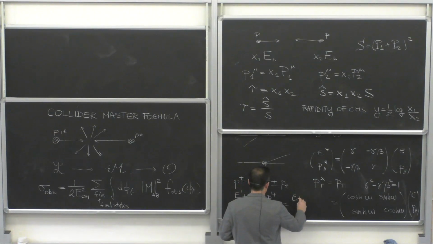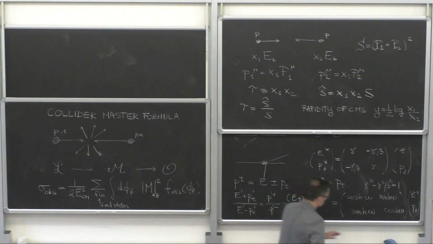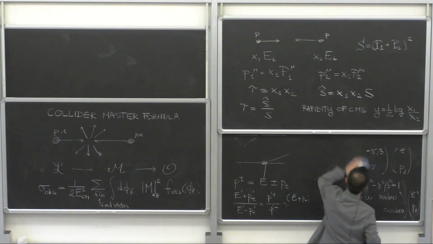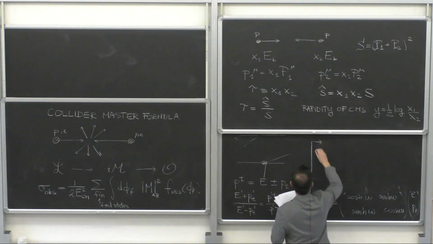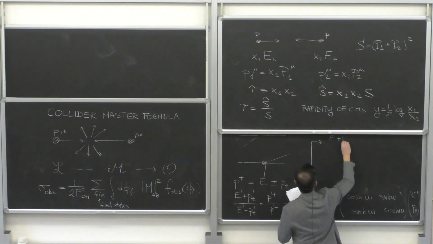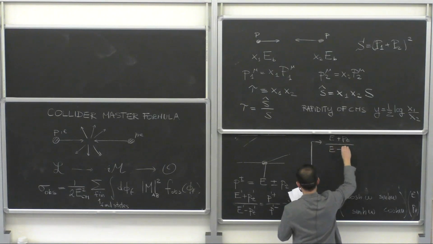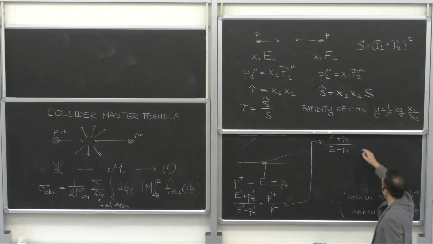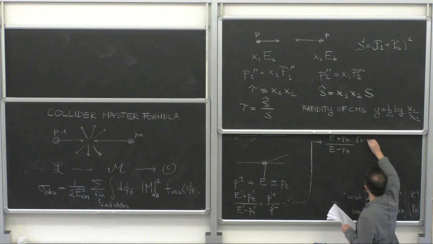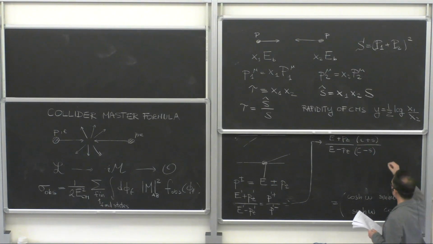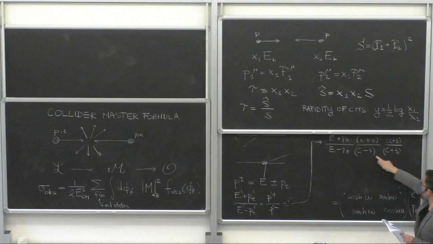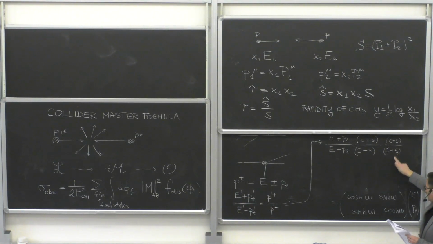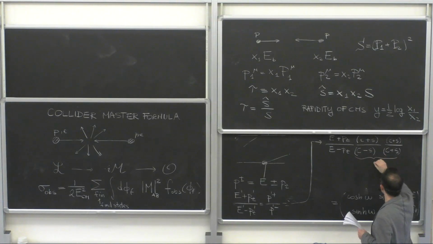So this will be E plus PZ over E minus PZ, and then you see that here you get a cosinus plus sinus, here you get a cosinus minus sinus, and then you multiply both up and down by cos plus, and then cosinus squared minus sinus squared is actually 1. Okay, so this one is 1.